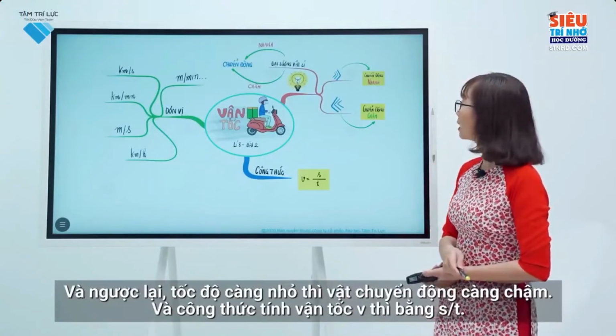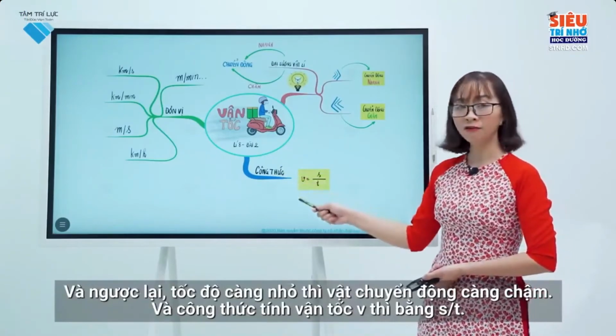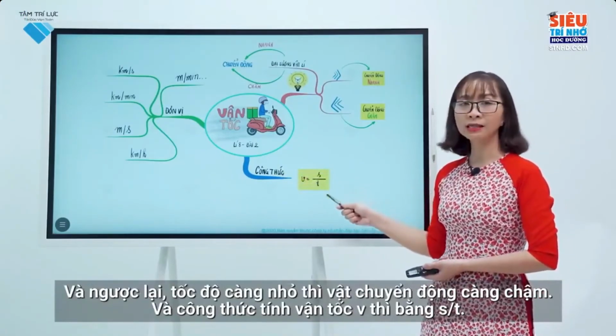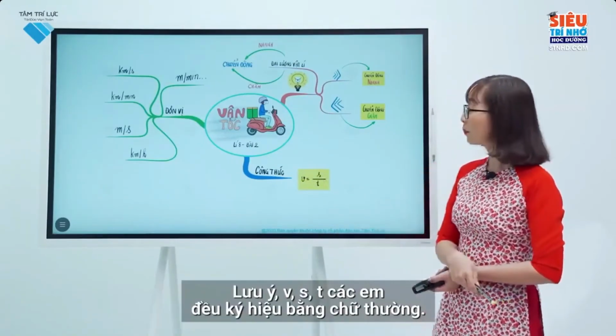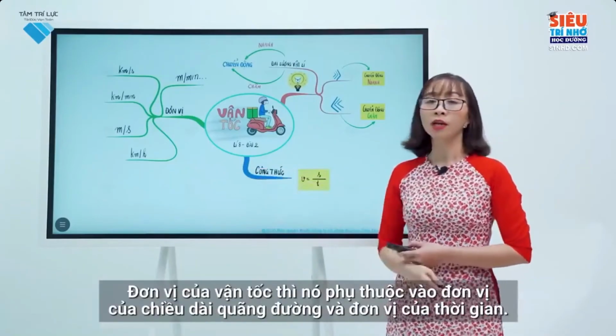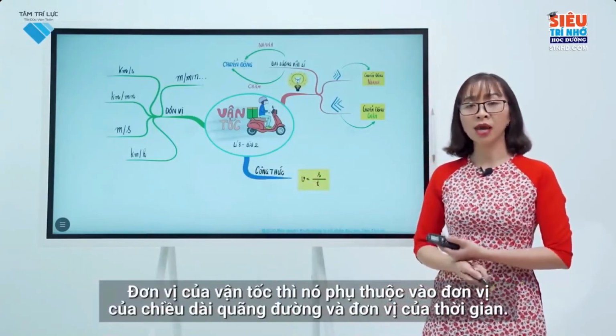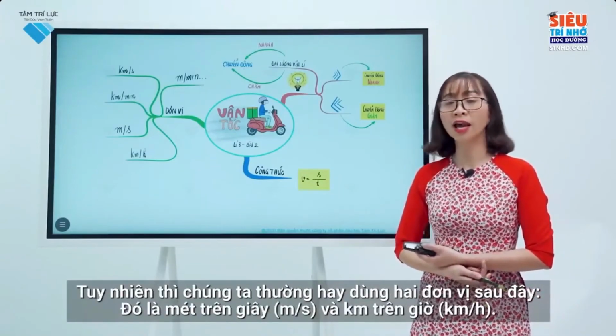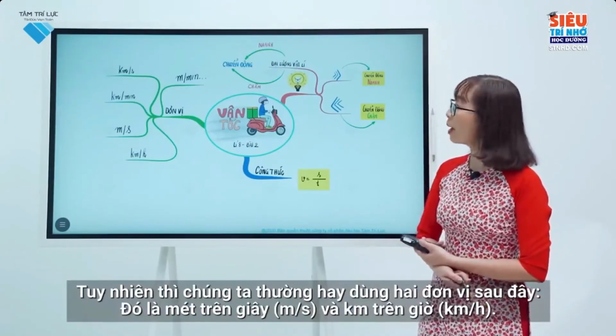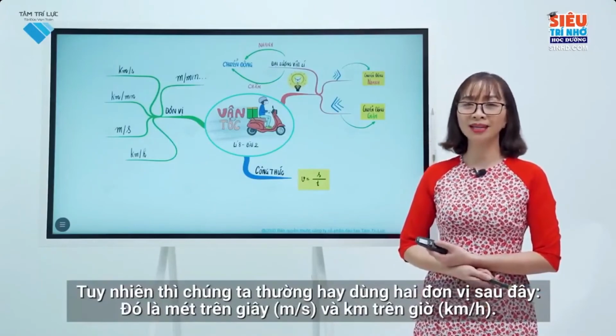The lower the speed, the slower the object moves. And the formula to calculate the speed: v equals s over t. Notice please, v, s, t are all denoted by lowercase letters. The unit of the velocity depends on the unit of the distance and the unit of the time. However, we often use the following two units, that is, meters per second and kilometers per hour.